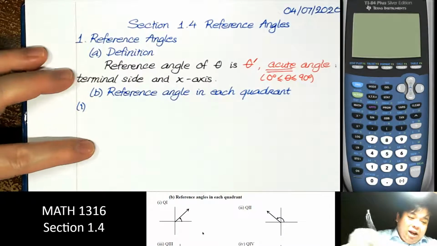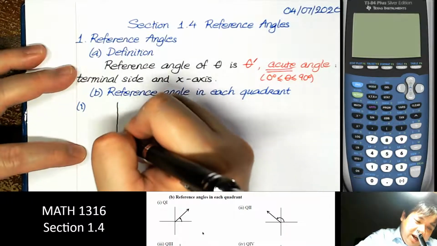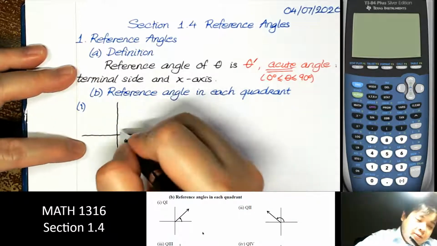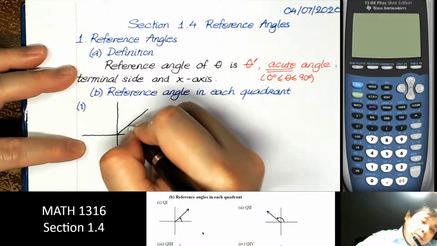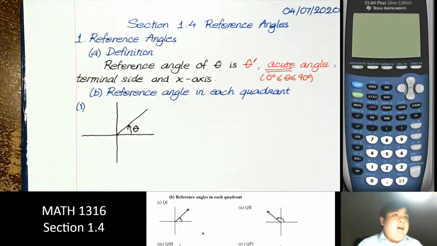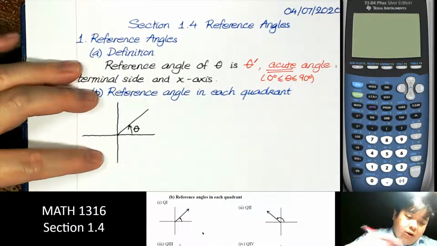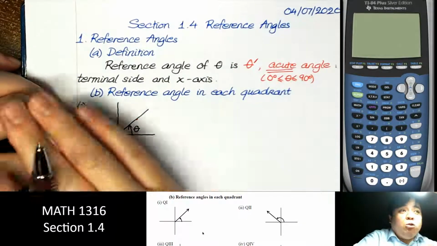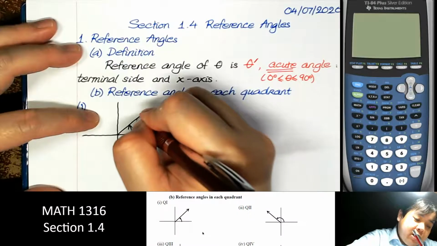I'm just going to draw by hand so it will be quicker. So let's say we have an angle here. By definition, it is an acute angle formed by the terminal ray and the x-axis, which could be positive or negative.